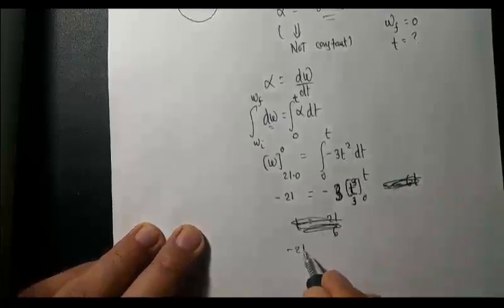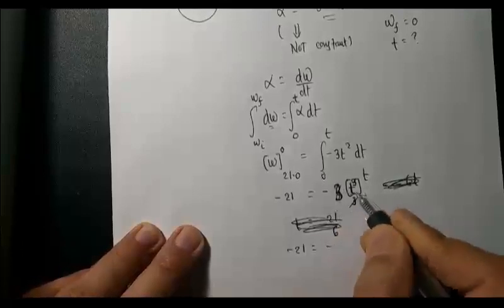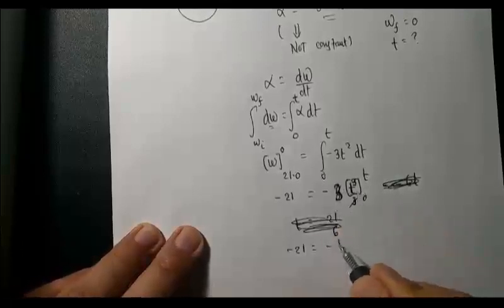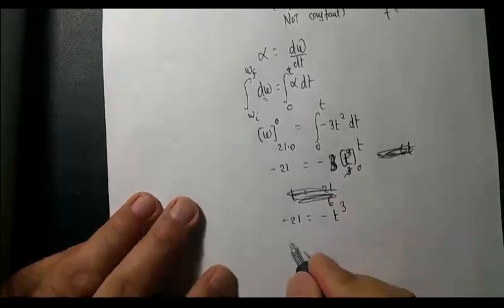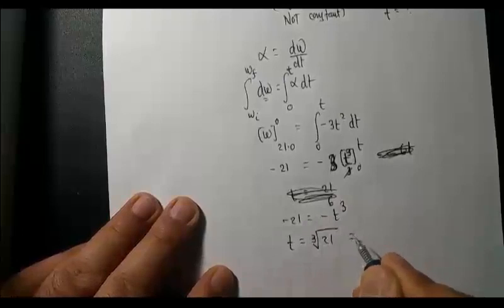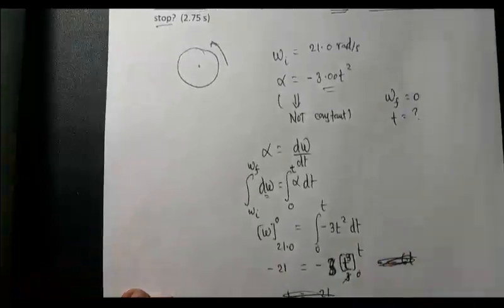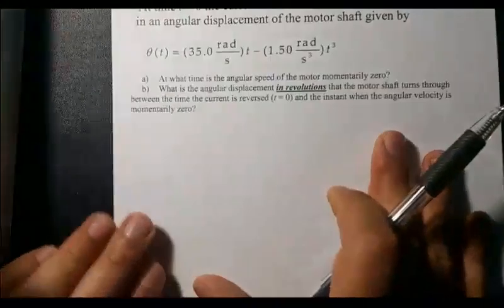Negative 3 will cancel out, so t cubed equals 21. So t is the cube root of 21, and that's going to be 2.75 seconds. So that should be your answer. Okay, that's how you should solve it. Okay, the next problem we're going to solve is, so let's continue.